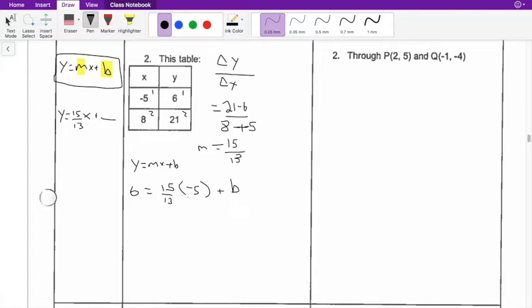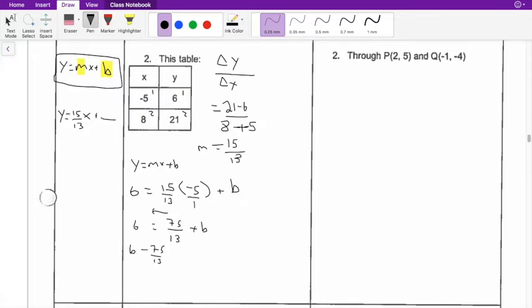All right? So we can picture this as having 1 over top of 2. So 6 equals 15 times 5 over 13 times 1, which is 75 over 13, plus b. Then we're going to move this over, and it's going to become a minus. So we have 6 minus 75 over 13.